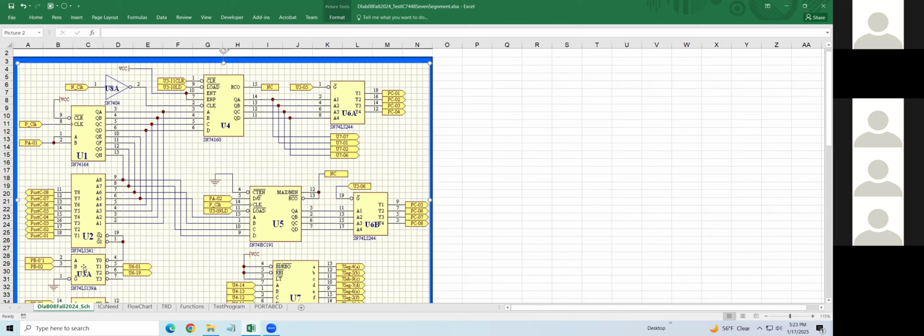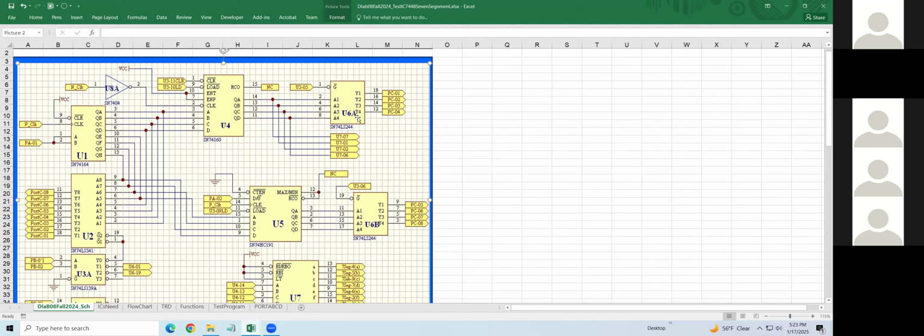Now, if you're looking at U6 here, U6 is still the same buffer. Input will go to output with U6 pin 1 must be 0. So that's why we're using enable U6.